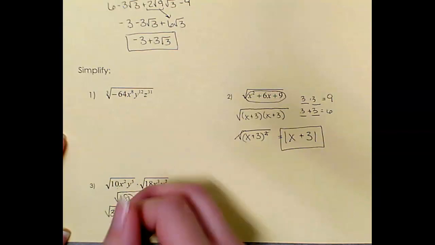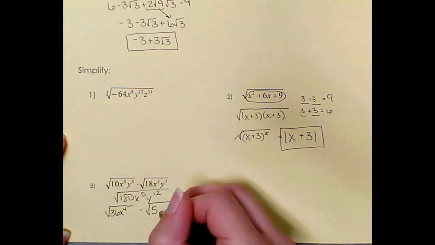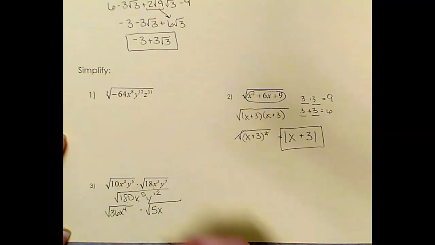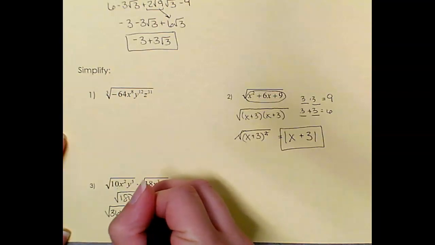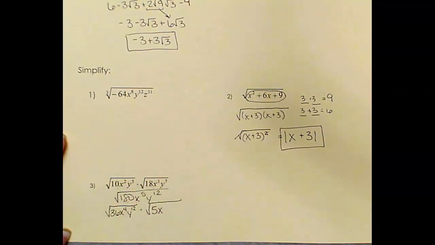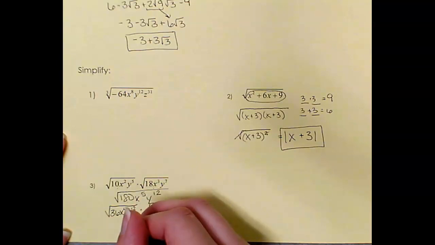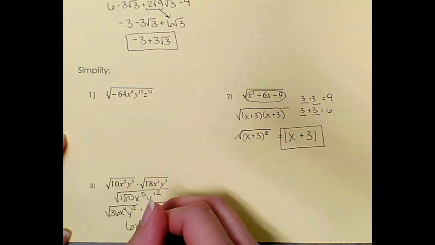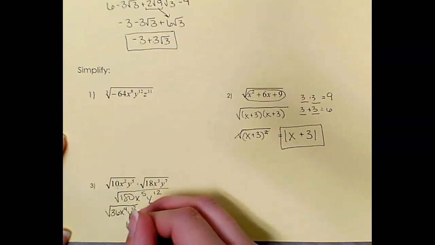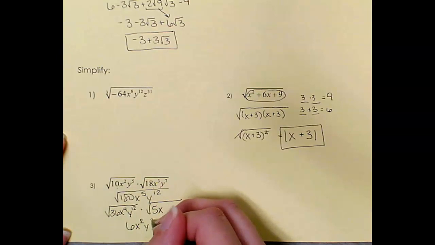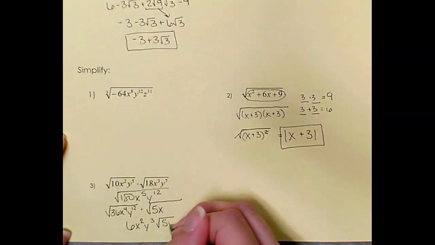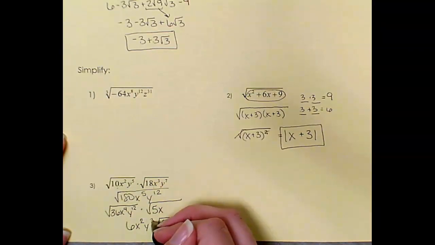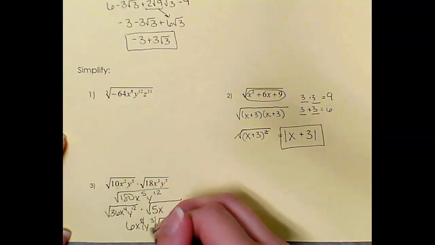X to the 5th is not a perfect square, but x to the 4th is, and x is left over. And y to the power of 12 is a perfect square. So we have the square root of 36, the square root of x to the power of 4, the square root of y to the power of 12, square root of 5x, and an odd power out of an even root gets absolute value put around it.